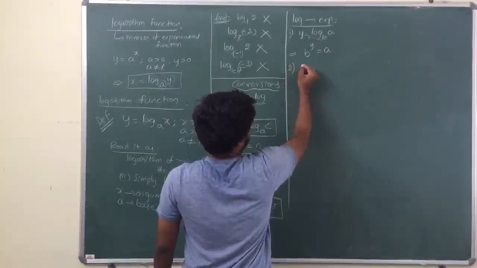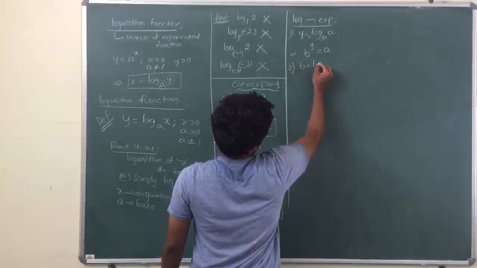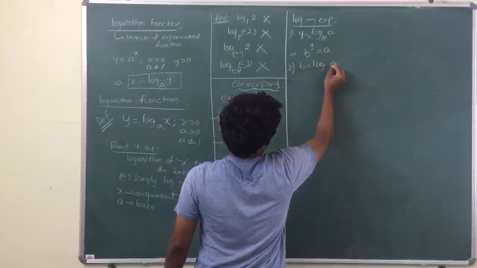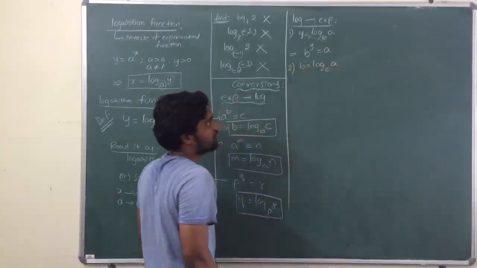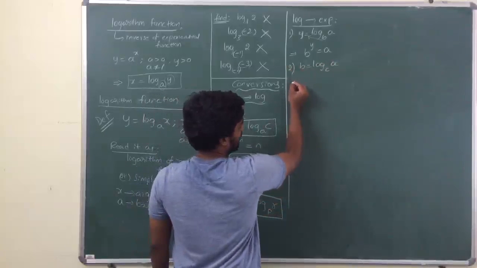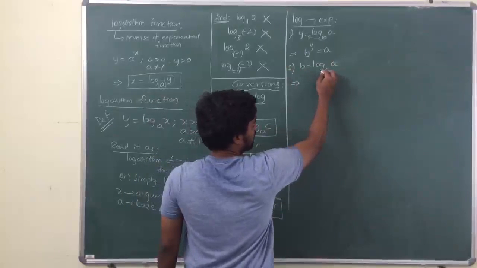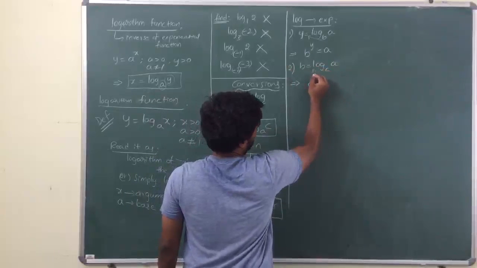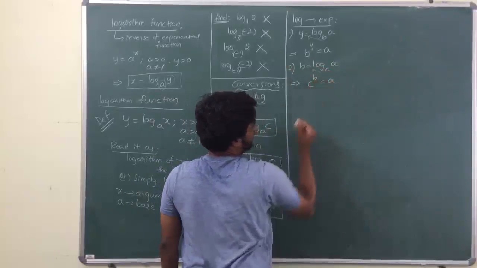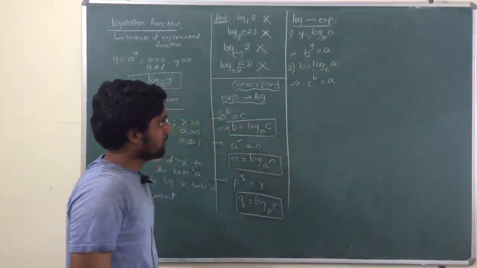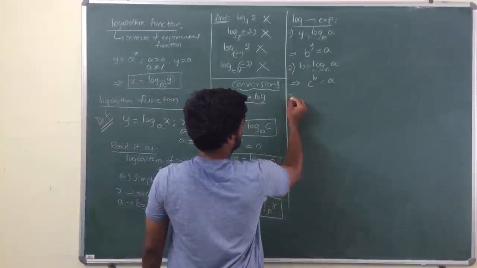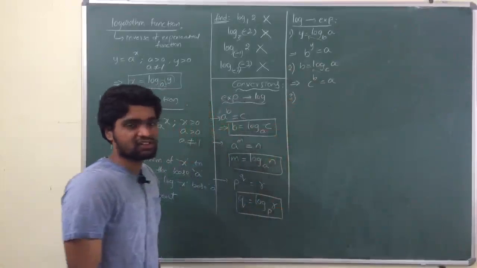Next, b is equal to log a to the base c. Now observe the conversion. Cross multiplication. C power b is equal to a. Remember this point always.